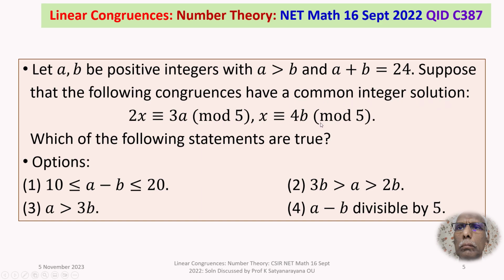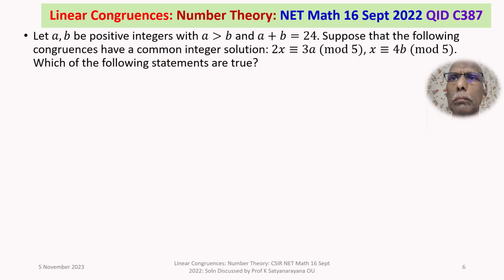These are the two congruences given here. And now which of the given four statements are true? It is a problem from the section C, therefore it can have more than one answer, and you have to find out all the true statements.